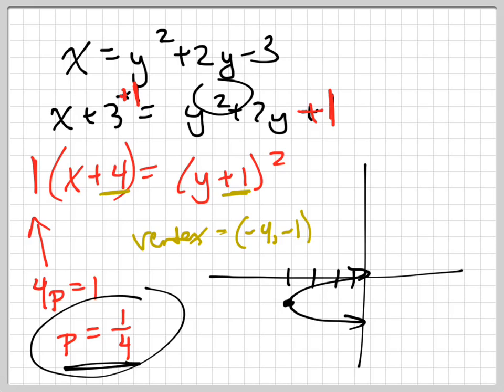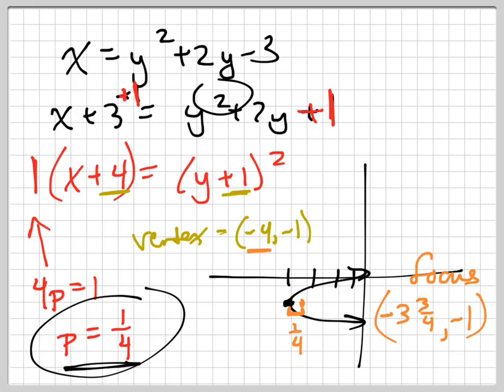Again, I'll change colors. I'll go orange. There's the point right there, and the distance between that and the vertex is 1/4. I know it doesn't look like 1/4, but let's say that it is. If I went 1/4 to the right, that means I'm adding 1/4 to -4, which means it's (-3 3/4, -1). That's my focus.